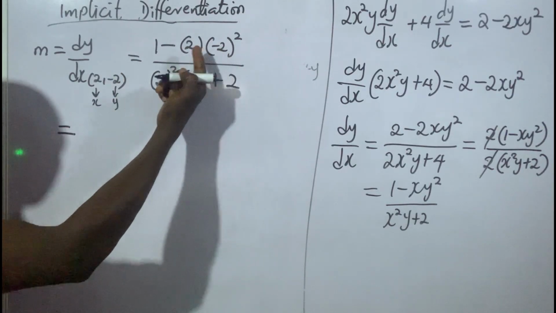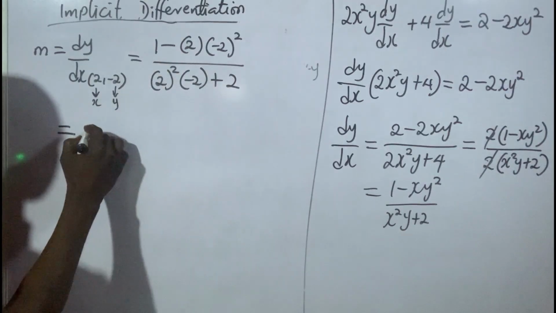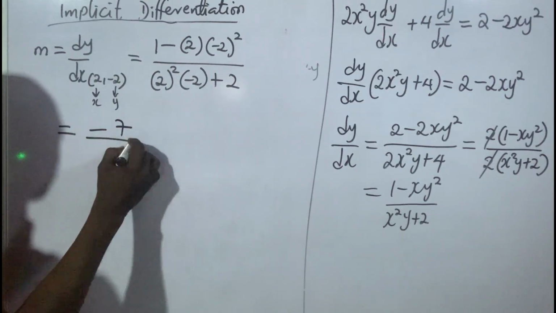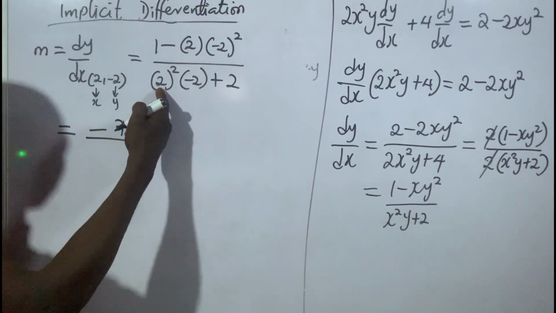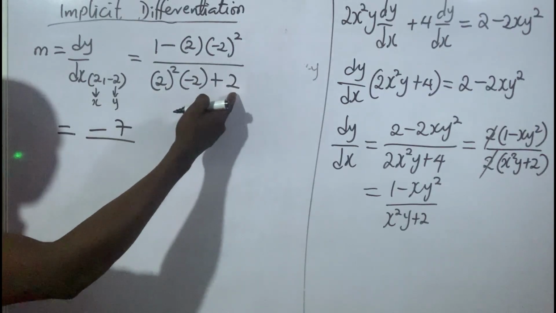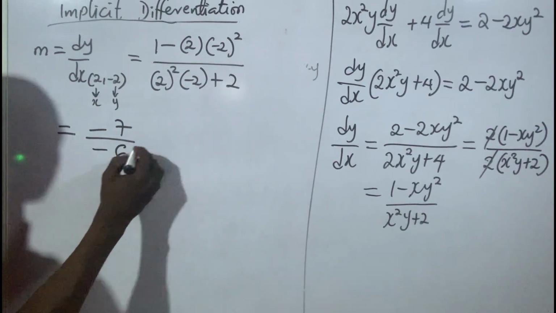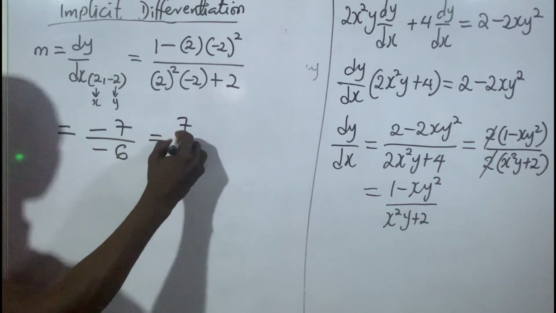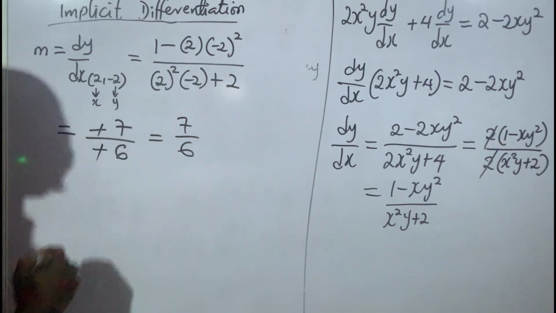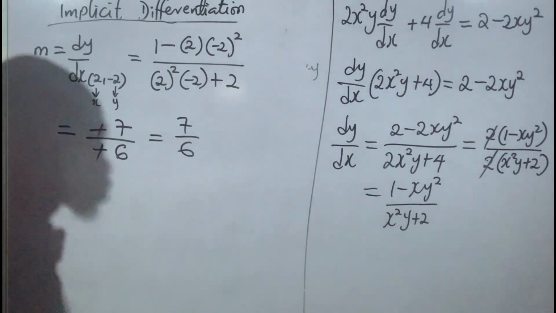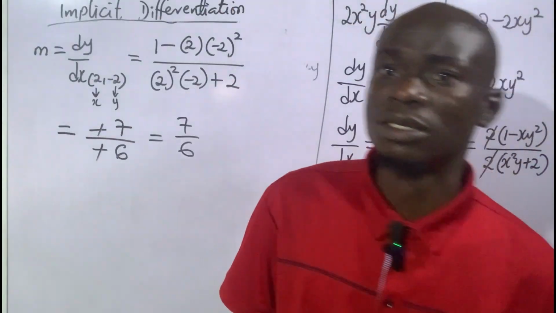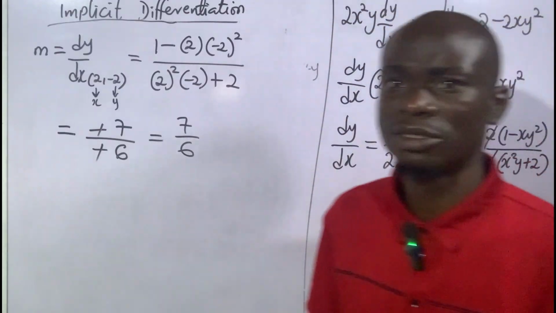Minus 2 squared is 4 times 2, 8. 1 minus 8 is minus 7 over 2 squared, 4 times minus 2 minus 8. Minus 8 plus 2 is minus 6. So that leaves us with 7 over 6, since the minus sign will cancel out. So now we have the slope of tangent.